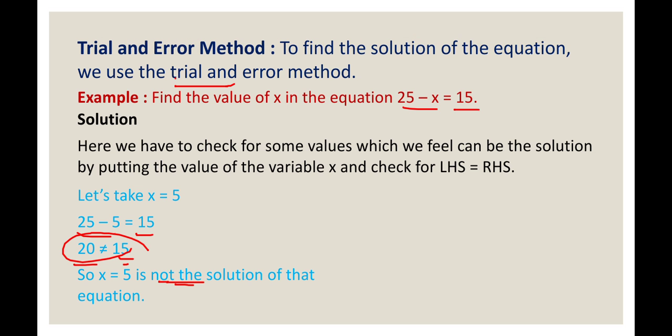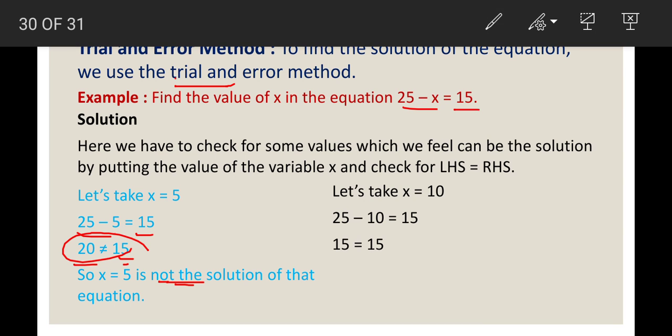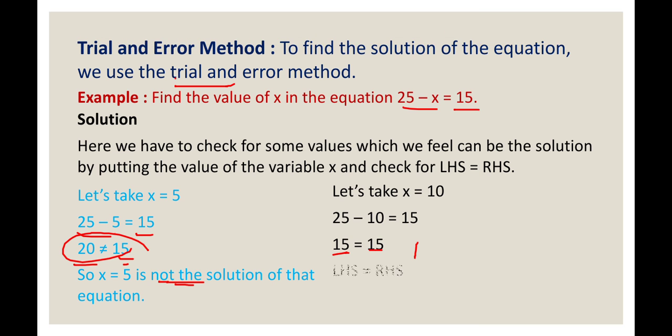Let us take some other value. Let's take x equal to 10. In place of x we put 10 now. So it is 25 minus 10, that is 15. Here we are getting LHS equal to RHS.